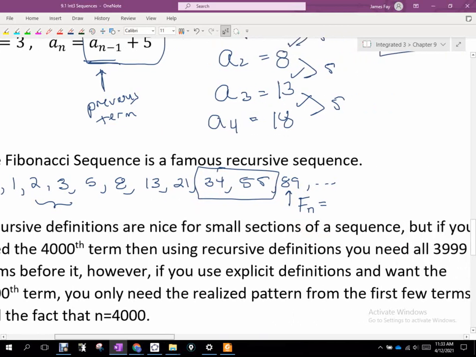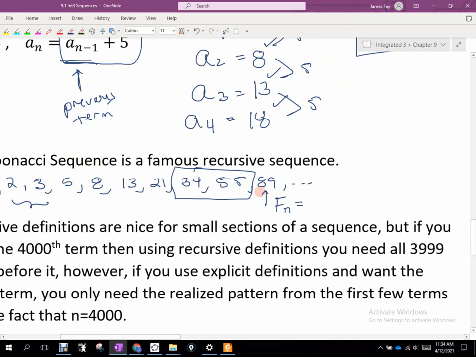So if 89 is the term I'm interested in, then the previous one would have been F of n minus 1, right? And then I add to that the term previous to that, which would be F sub n minus 2. So that says add the previous 2 terms together.